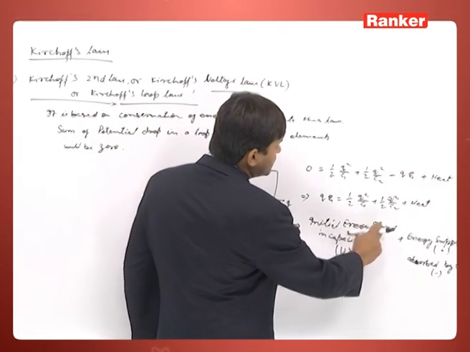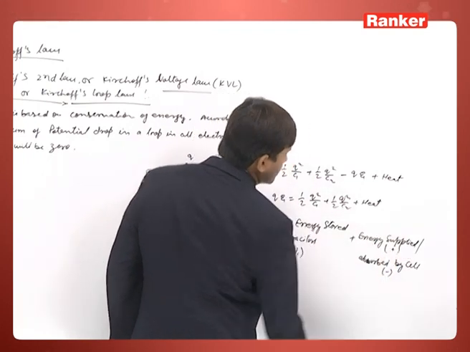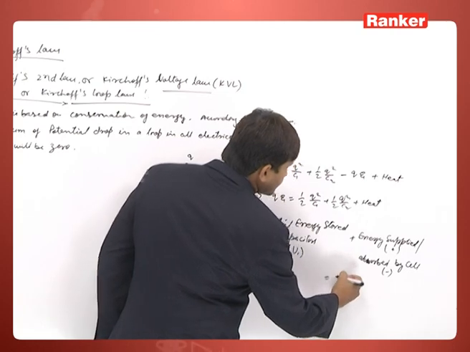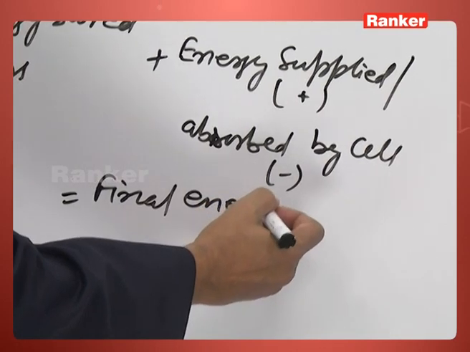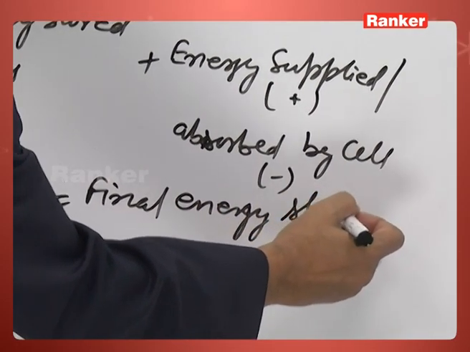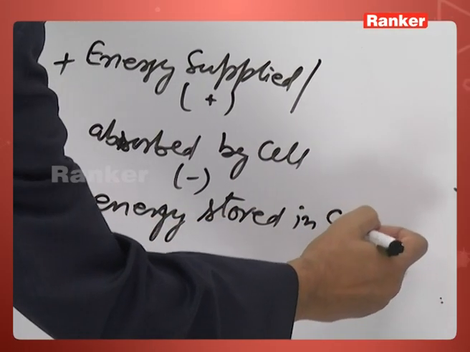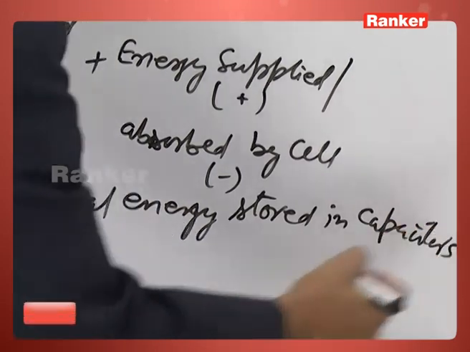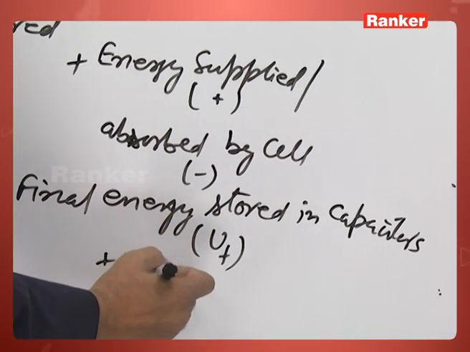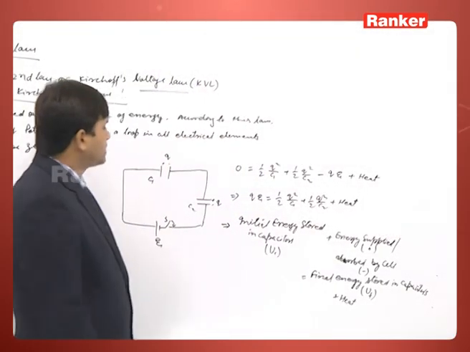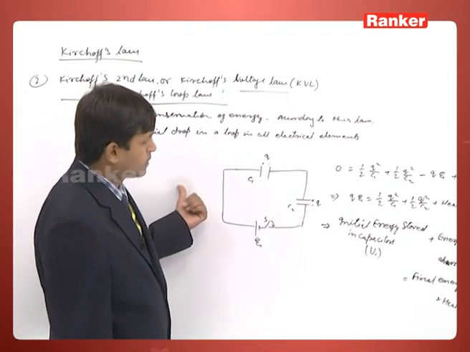So, initial energy stored in the capacitor Ui plus energy supplied (positive) or absorbed by cell is equal to final energy stored in capacitors, that we can say U final plus heat. So, this is the conservation of energy, and we can say second law of Kirchhoff.